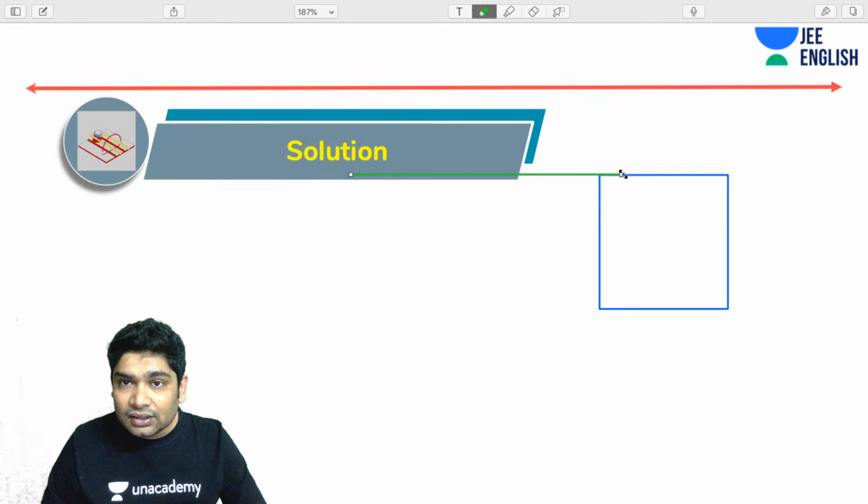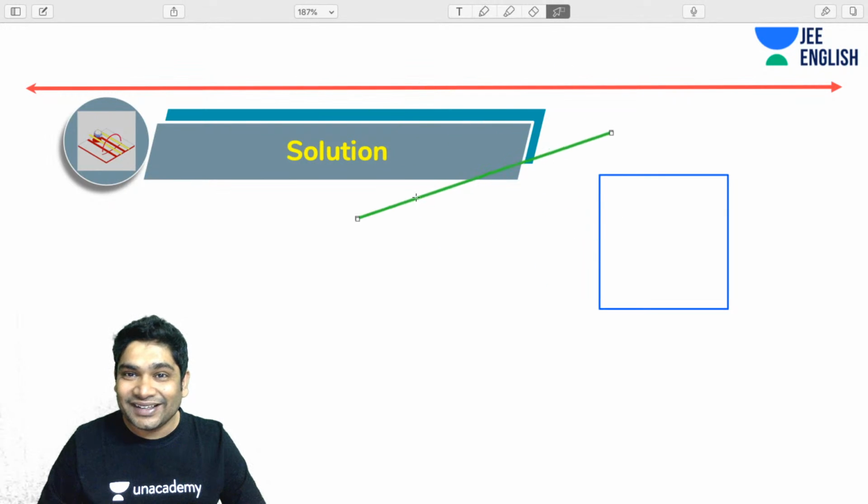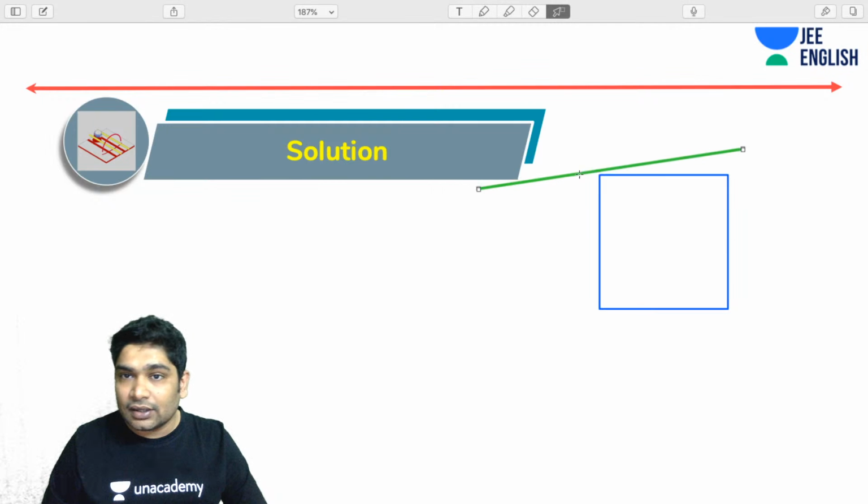I don't know if I can turn these. Doesn't seem like I can turn it. Oh, I can. Wait. So I was able to turn this. Okay. Now let's see. Yes. So that is our axis of rotation.